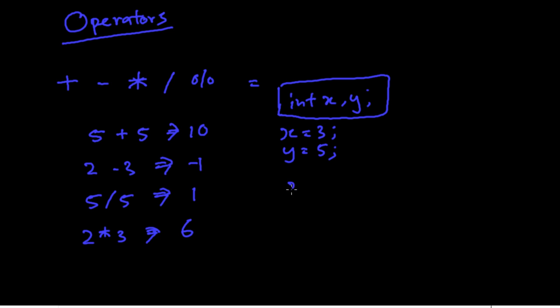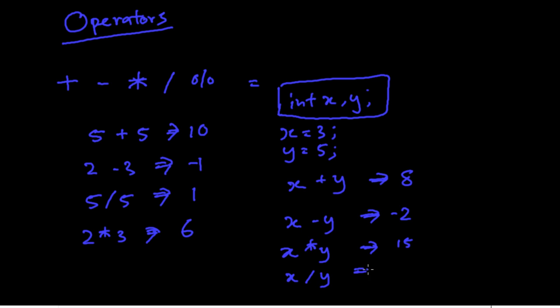So if we were to say x plus y, it would give us 8. Consequently, x minus y would give us negative 2. x times y would give us 15. And x divided by y would give us 0.6. It's simple.